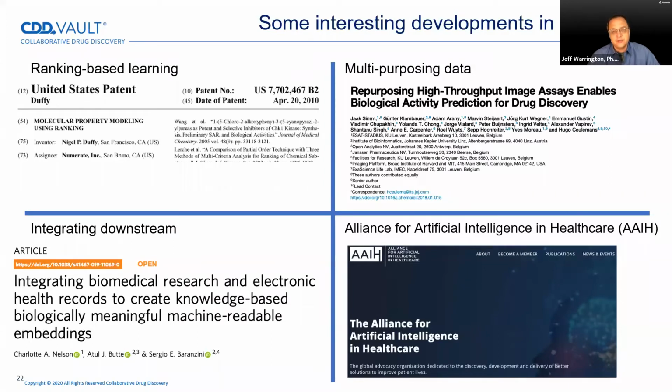In addition, as John mentioned, unsupervised learning is also a very interesting field, tying patient data all the way back to the individual design of small molecule drugs. I think that's going to be a very interesting field as we move forward.